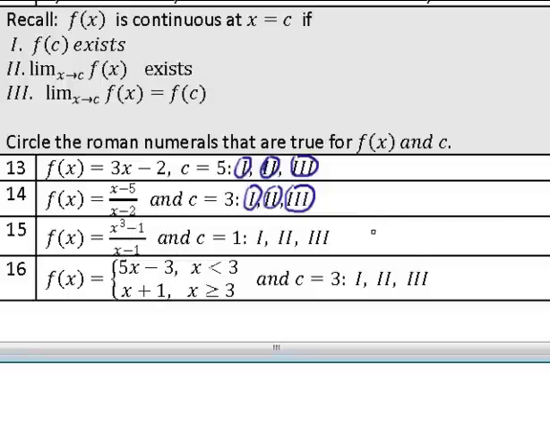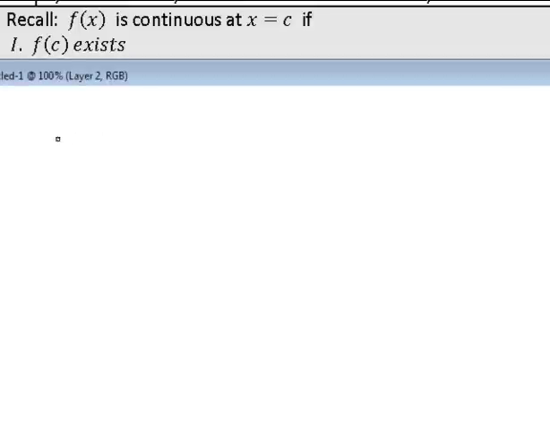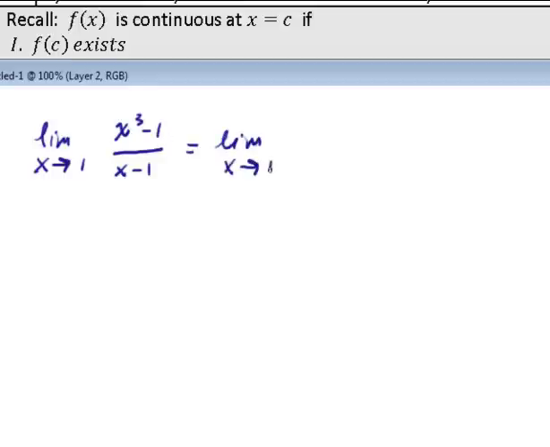All right, so let's look at that over here on a separate page. Okay, so we're looking at the limit as x goes to 1 of x cubed minus 1 over x minus 1. So the top is a difference of 2 cubes. Let's factor it.